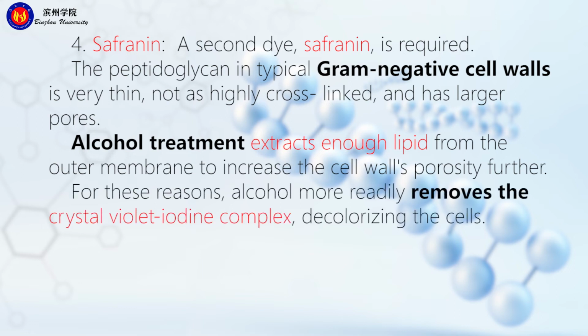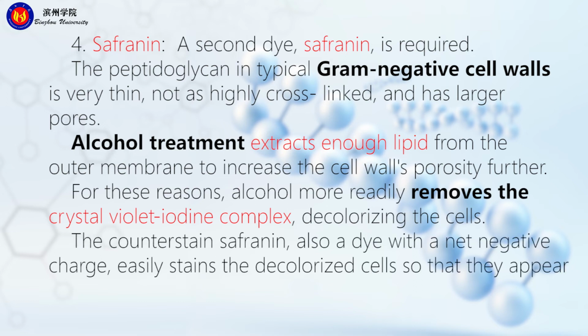For these reasons, alcohol more readily removes the crystal violet-iodine complex, decolorizing the cells. The counterstain, safranin, is also a dye with a net positive charge, so it easily stains the decolorized cells so that they appear red or pink. So this is the procedure for Gram-Stain.